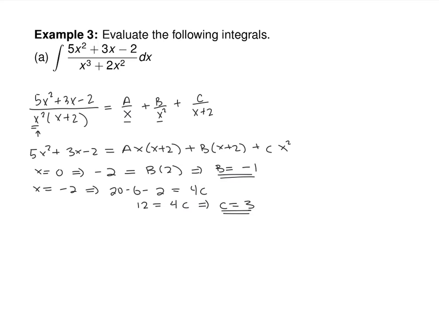And that method is to distribute out the right side and group terms by powers. So we'll have ax squared plus 2ax plus bx plus 2b plus cx squared. Now notice that we have ax squared and cx squared.